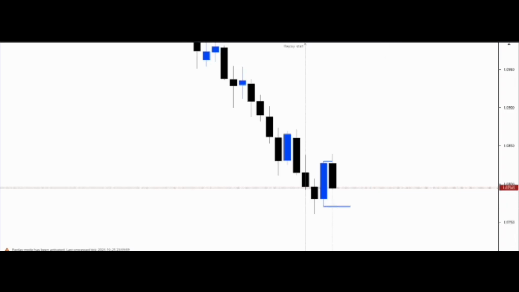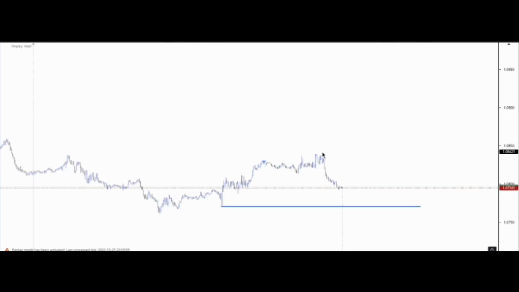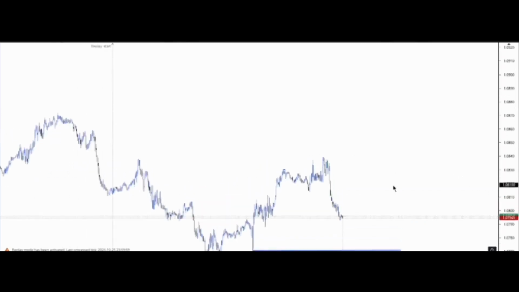So we go to the 15M and see whether we have any opportunity as it's sweeping the high. So let's look at where it swept the high.